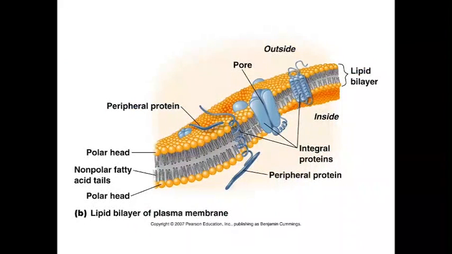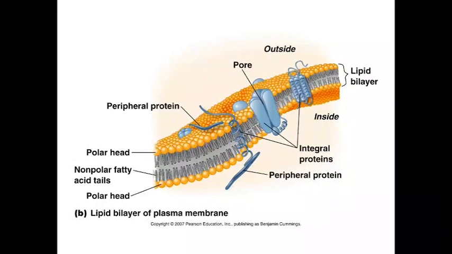This is the structure of the cytoplasmic membrane in detail. We can see that many different proteins are there and they are located asymmetrically in the cytoplasmic membrane. Integral proteins are nicely embedded in the cytoplasmic membrane.